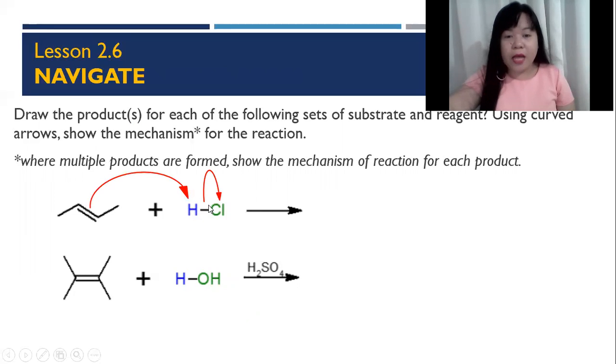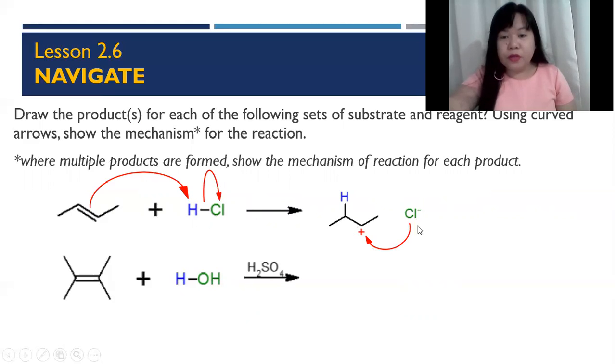And then because of that, this bond will undergo a heterolytic cleavage, forming these products. After these intermediate products have been formed, there's another movement of electrons to attach the nucleophilic moiety of the reagent to the carbocation that was formed, forming the final product.